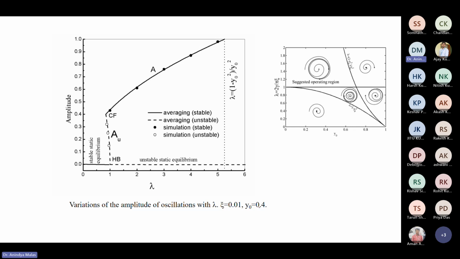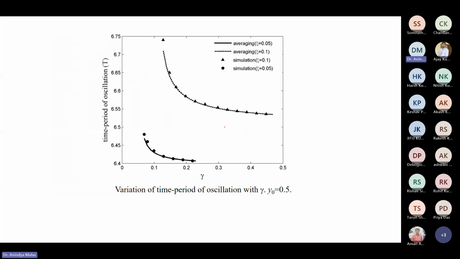When we are reducing the y0 value, we can see that the pure oscillation region actually increases. So that is desirable. The more we decrease the value of y0, the greater the region of pure oscillation, which is desirable in a MEMS resonator.